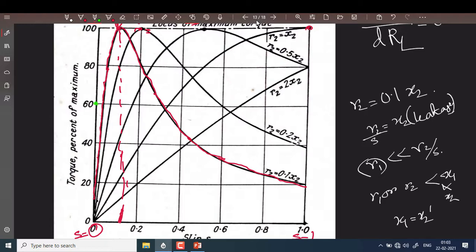Although this is for torque, for power also we can draw a similar kind of curve. Say this is our S1, this is our S2. Now if my machine torque requirement is 60% of maximum torque, at which point will my machine operate, S1 or S2?